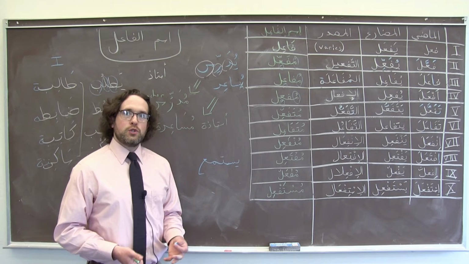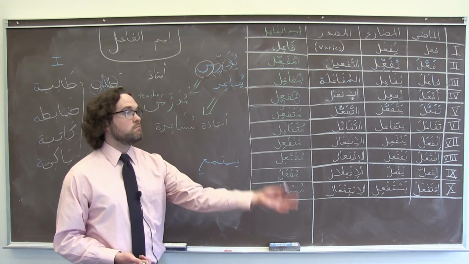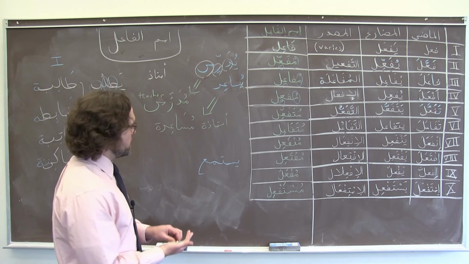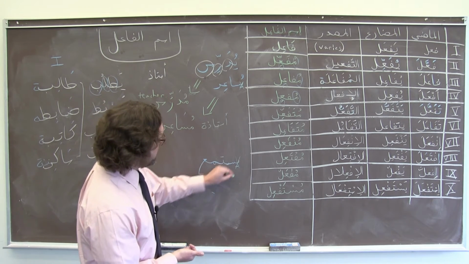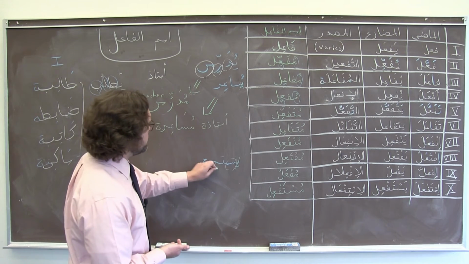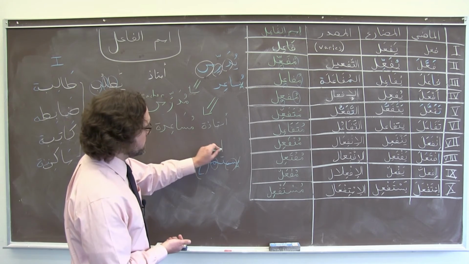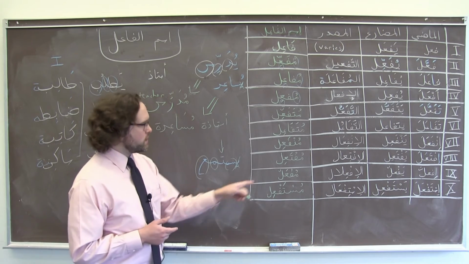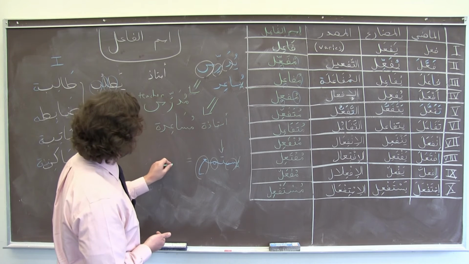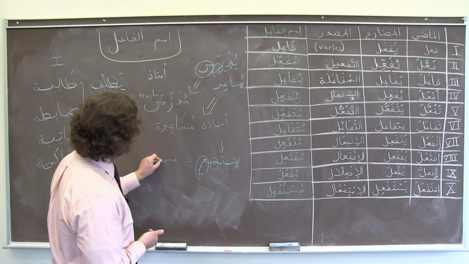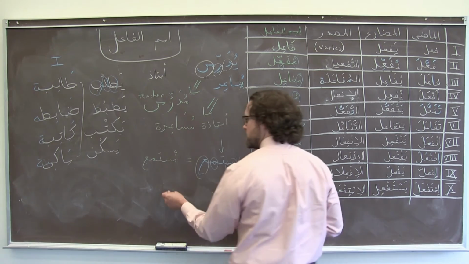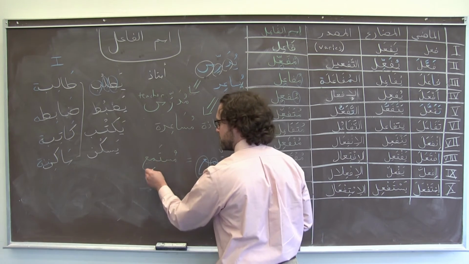So if we wanted to refer to a listener of the radio, someone listening to a sports announcement, I would again drop my conjugation, tack on the meme, keep my judr, and also keep the extra ta that's part of Form 8, and wind up with مستمع, a listener.